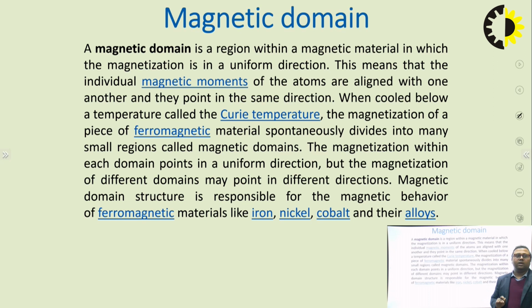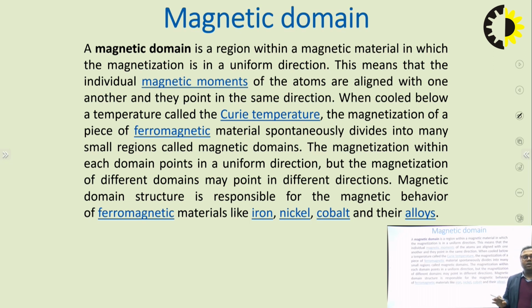So whenever the material is cooled below its Curie temperature, the ferromagnetic material's magnetization divides into smaller regions known as magnetic domains, and the magnetization within each domain points in a uniform direction, but the magnetization of different domains may point in different directions.